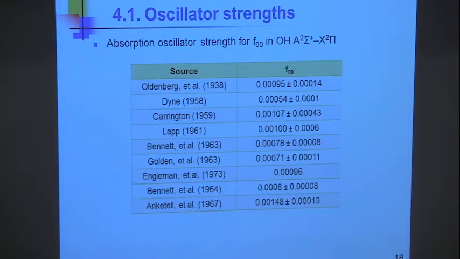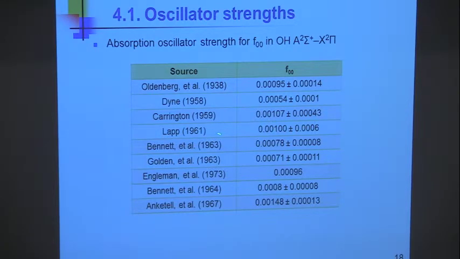Here's an interesting problem. Where did we get the oscillator strength, the electronic oscillator strength, or the f00? People have been measuring it for nearly 100 years. The interesting thing to me is that the best value is pretty close to the one that was determined in 1938. And different people have gotten some quite different answers.